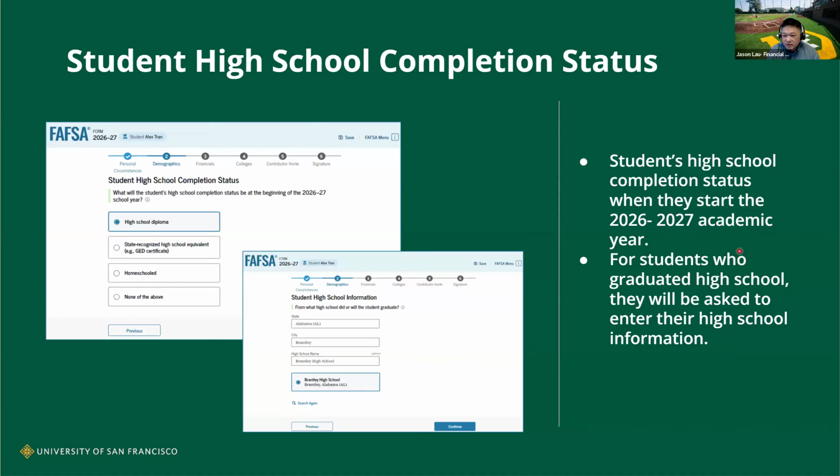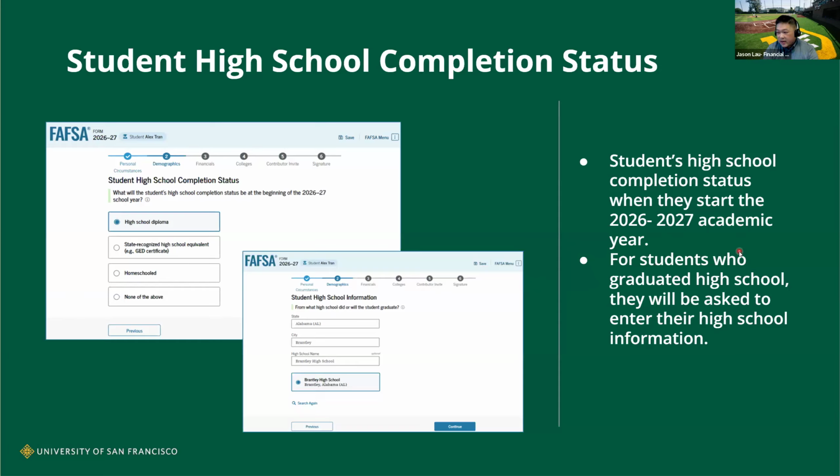So most high school students, if you are currently in high school, graduate in this upcoming May or June. Therefore, by the time you start the 26-27 school year in August, you would have completed your high school. So in this case, you will select high school diploma, right? If you select none of the above, you are not eligible for aid, because high school completion is a requirement for federal student aid eligibility.